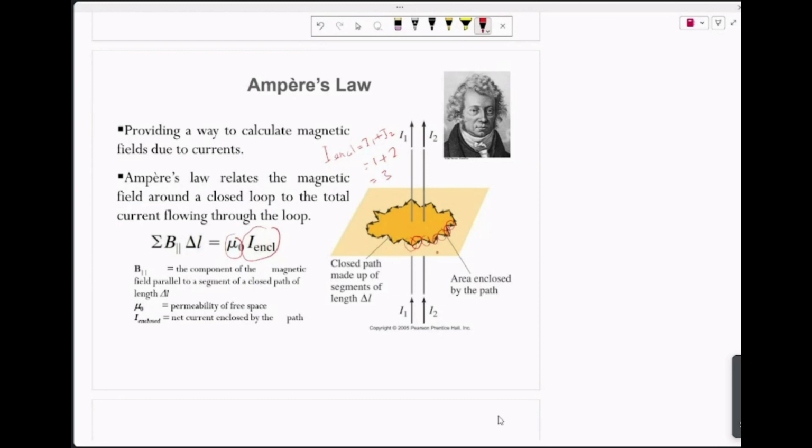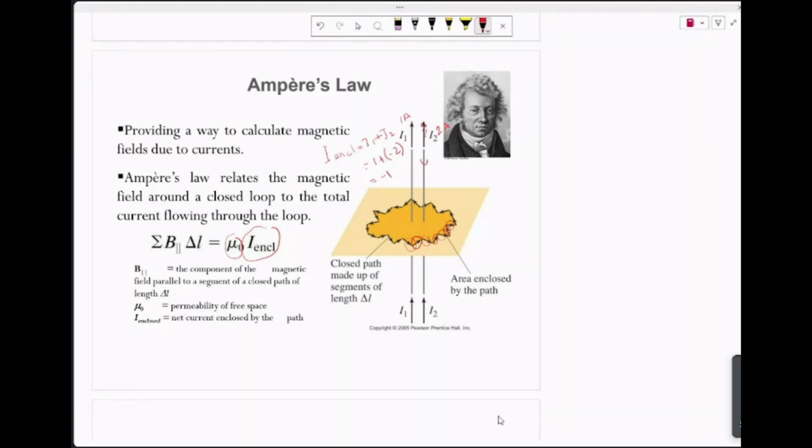But if the I2 here, instead of going upwards, is going downward and the magnitude is still 2, so let's say I1 is 1 ampere and I2 is 2 amperes, then I enclosed here will be 1 plus minus 2. So that will give you a negative 1.